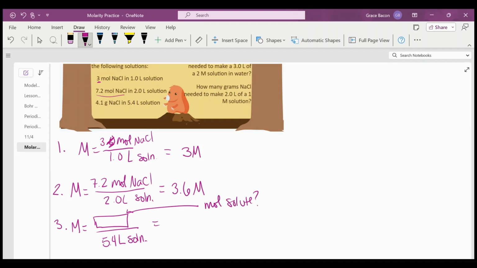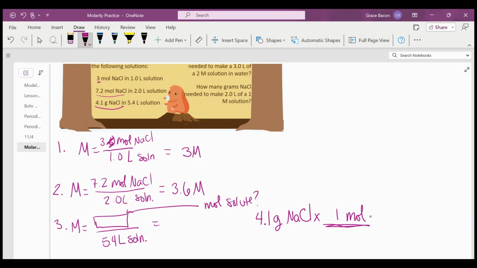I need that in order to get my answer. Well, I don't have moles of solute, but I do have grams of solute, and molar mass is coming back again. It's never going away. So I'm going to turn 4.1 grams into moles using my molar mass as a conversion factor.